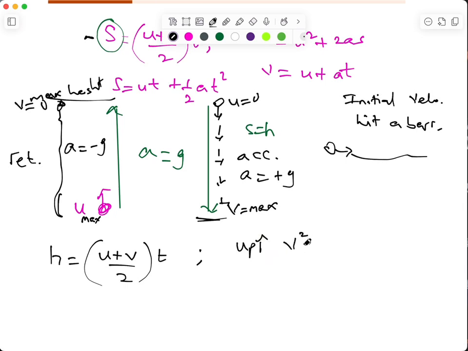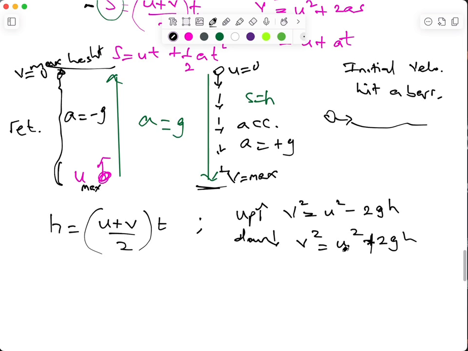So we have v squared equals u squared minus 2gh. So a changes to negative g, and s changes to h. If the body is going down, it is v squared equals u squared plus 2gh.